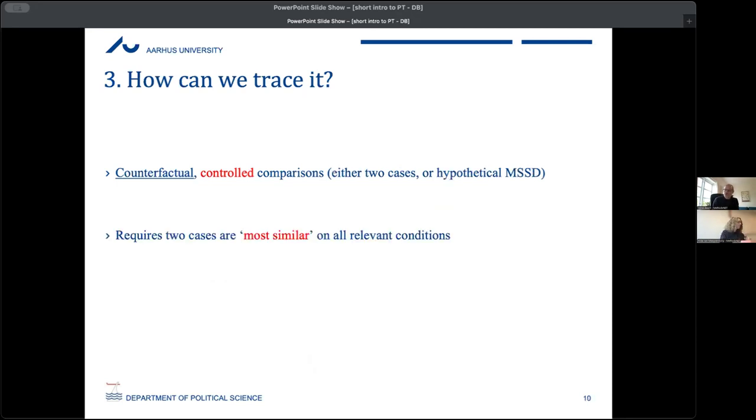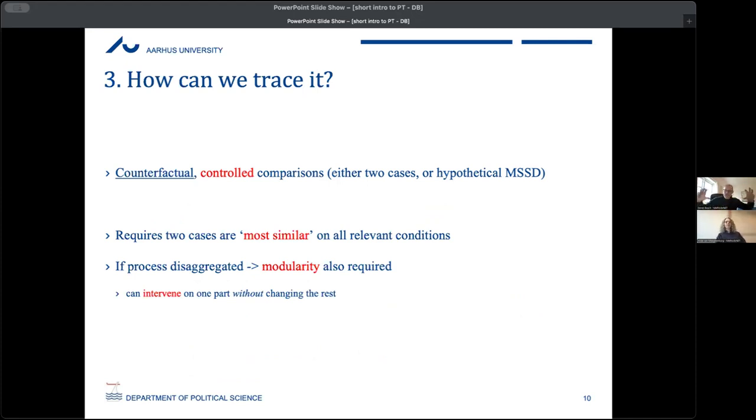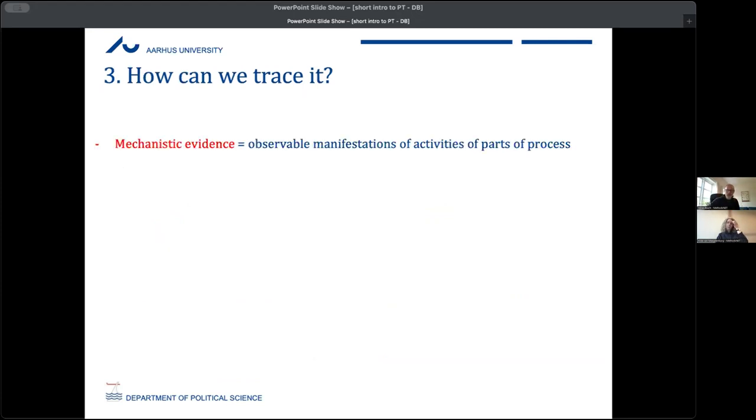The challenge, of course, is that it requires two cases that are most similar on all irrelevant conditions. I'm going to jump over modularity, but the idea is that a process is not just a holistic whole. You could go in and modulate each part of a process if it's a multi-part process.